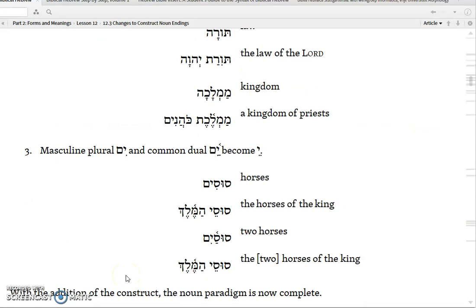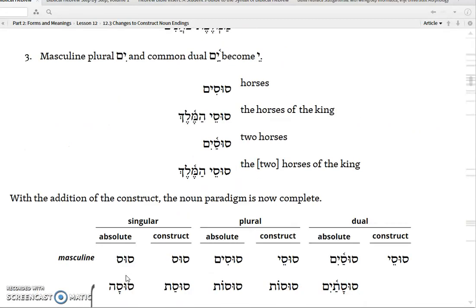Rule number 3. Masculine plural, hirik yod mem, and dual ayim becomes tsere yod. So you have horses, susim. But if you want to talk about the horses of the king, well then susim must go into construct, and that's susei, susei hamelech, the horses of the king.